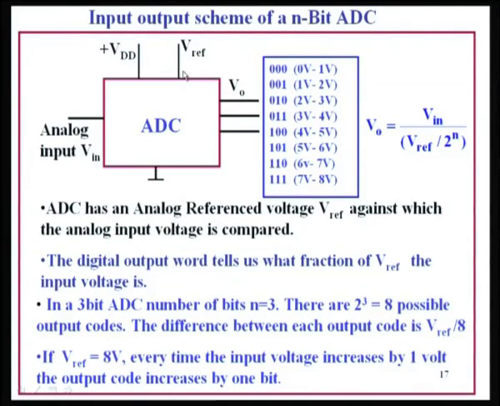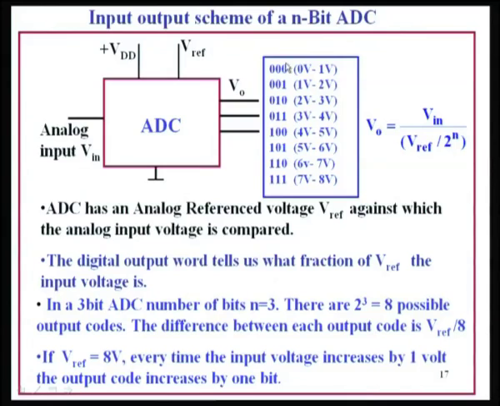Now, there are 8 possible outputs like this, as I have shown. The difference between each output code is V reference by 8. For example, the voltage between code 000 and code 001 is whatever V reference is divided by 8, because there are 8 such codes.